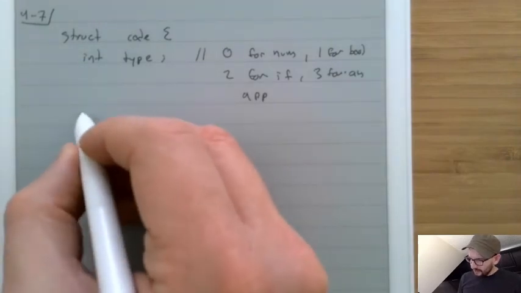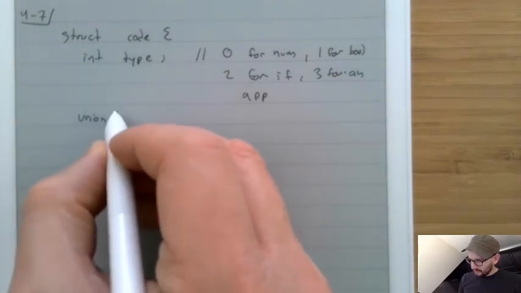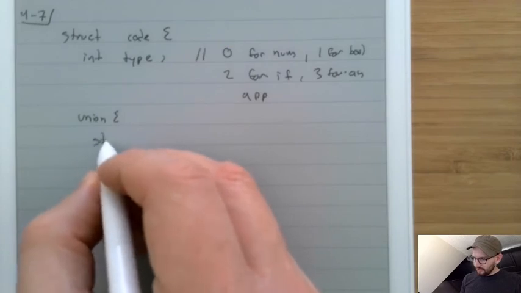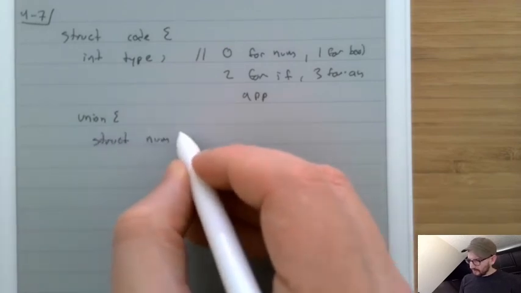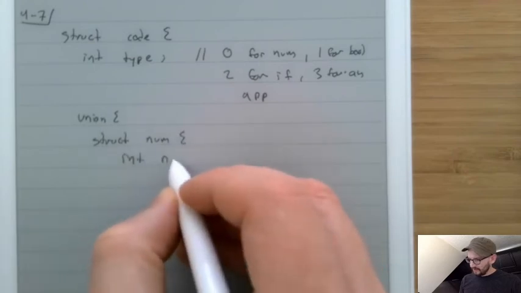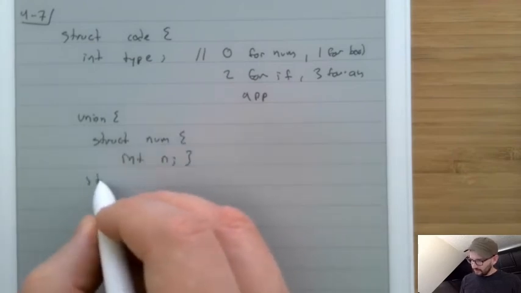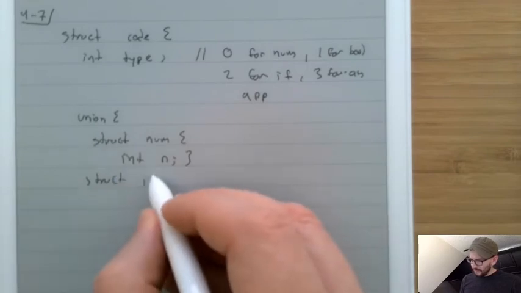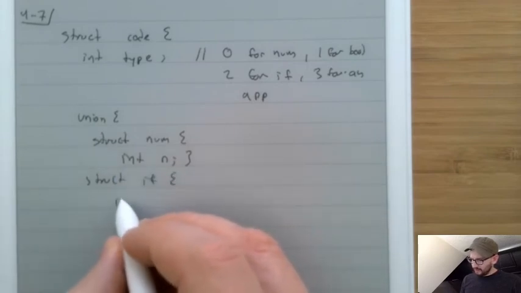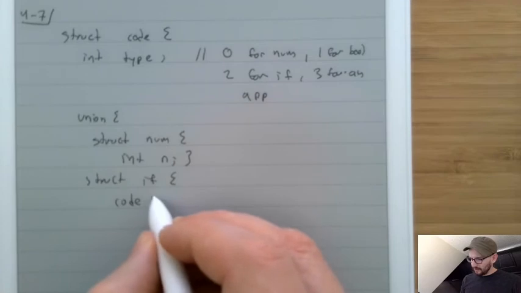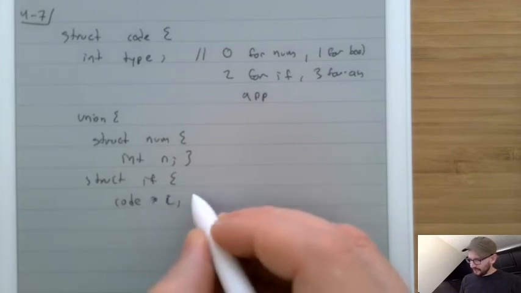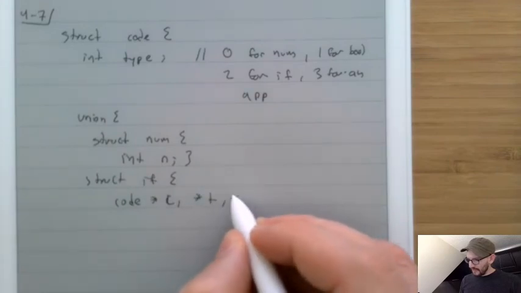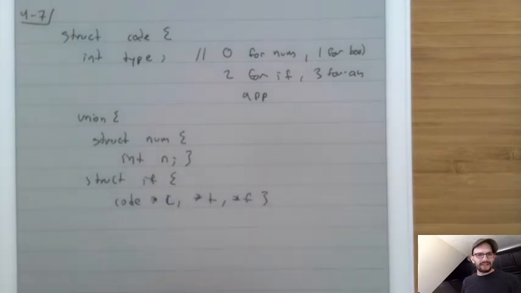And then there would be a union where there would be a struct for numbers, and that would have a number in it. And then there would be a struct for ifs, and that would have 2 codes in it. Maybe they would be code pointers for the condition, another one for the true side, another one for the false side, and so on. So this would be a way of encoding it.